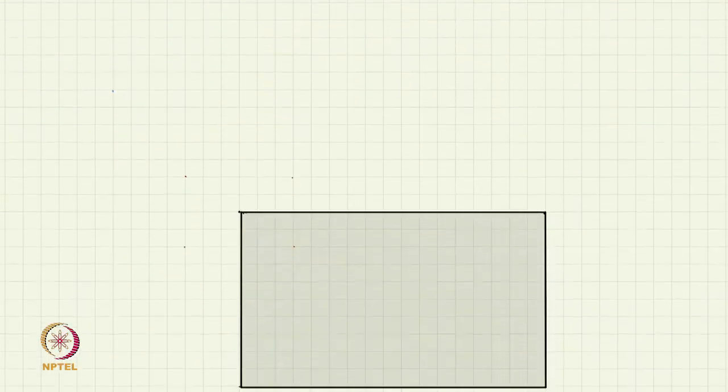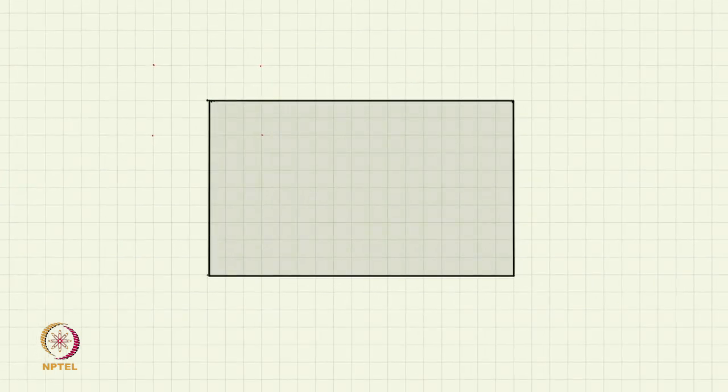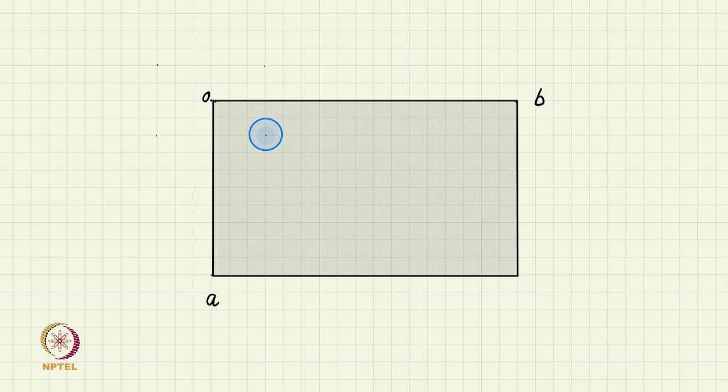I start with an empty unit cell, the projection of an empty unit cell, in the same AB projection. This is the A direction and this is the B direction, this is the origin O, and we start with what is called a general position. What really is meant by a general position? It is a position which is not lying on any symmetry element.